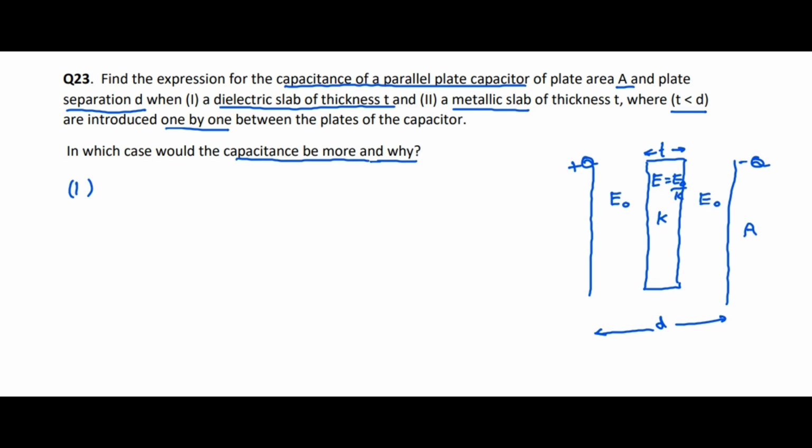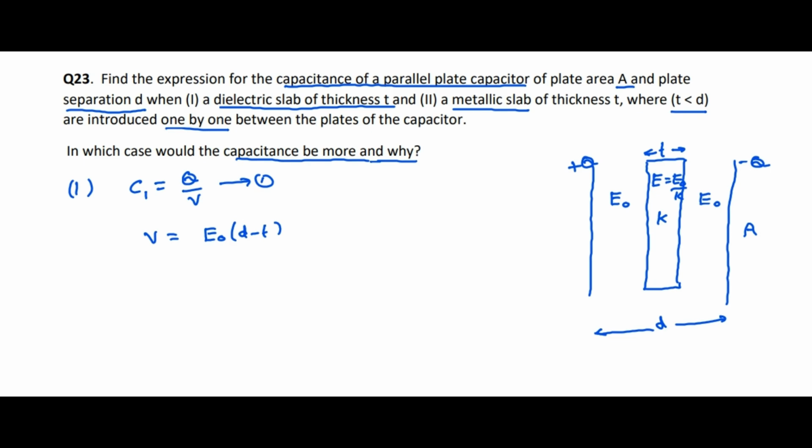So generally, the expression for the capacitance C is equal to Q by V. Now here I am naming it C1. Take it as equation number 1. So V is equal to, we can write E naught into D minus T. That means if you remove T from D, the rest of the part is having the electric field E naught.